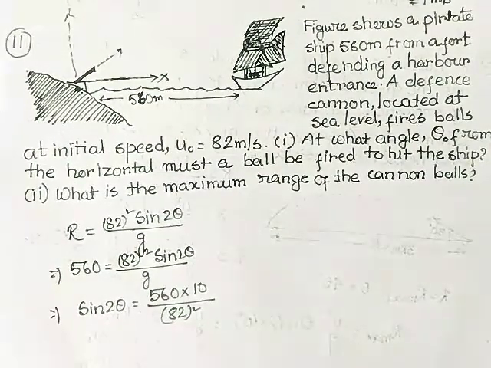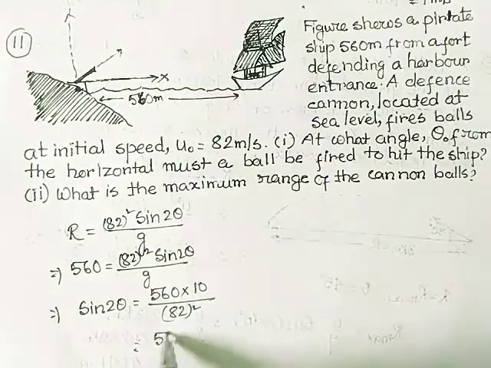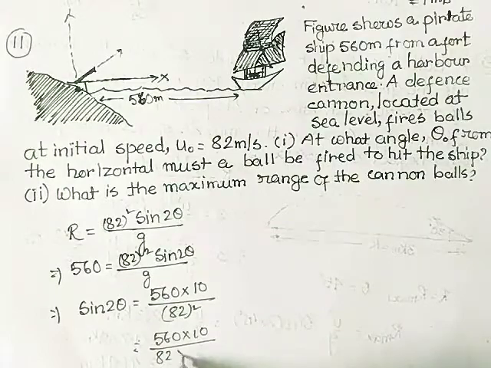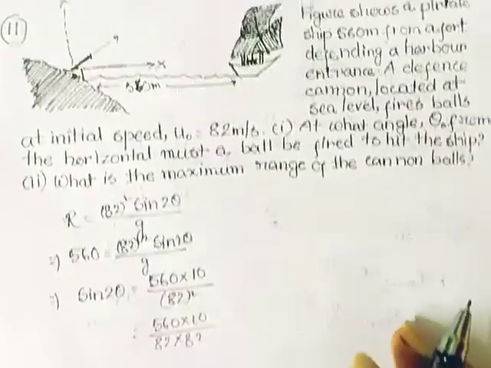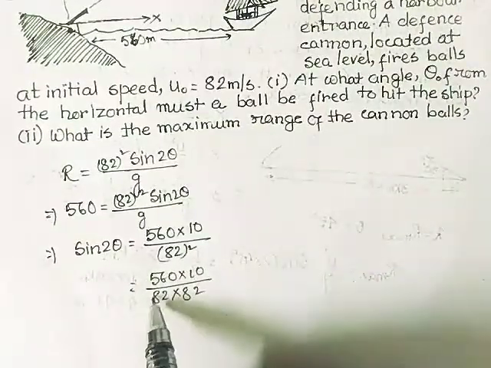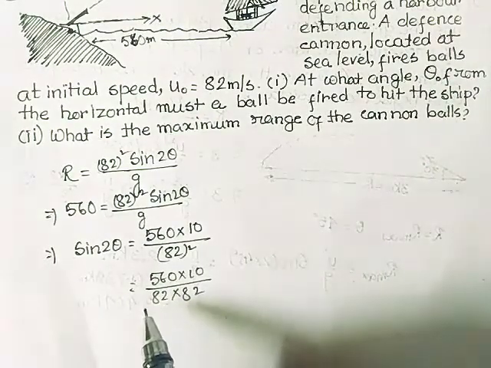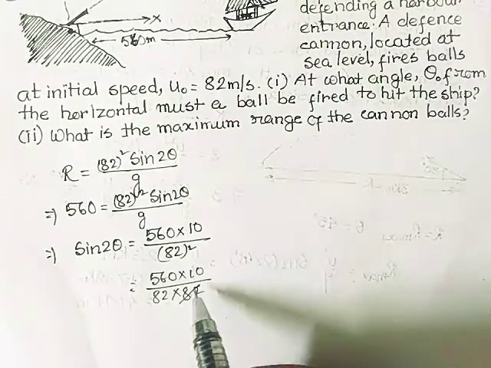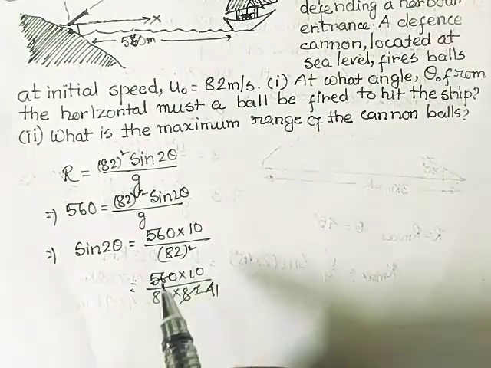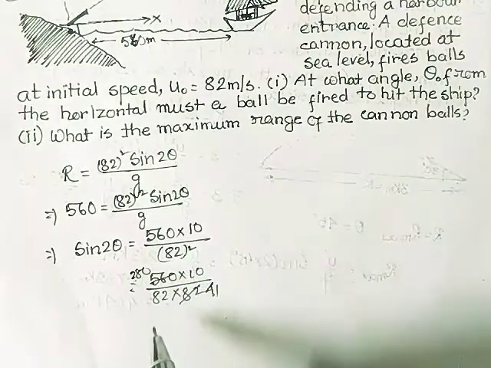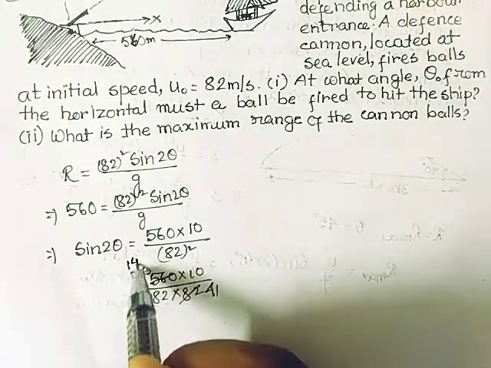Here the values are slightly large numerically, so we have to work it out. It is 560 into 10 over 82 into 82. Clear? So if I calculate this, 82 becomes 41 here, and 280 becomes 140 here.